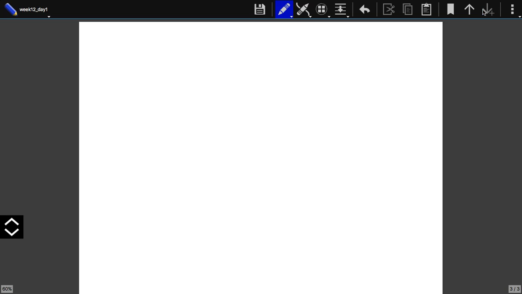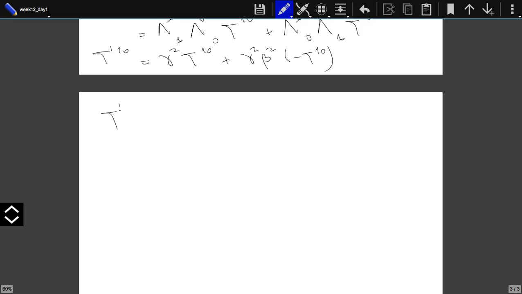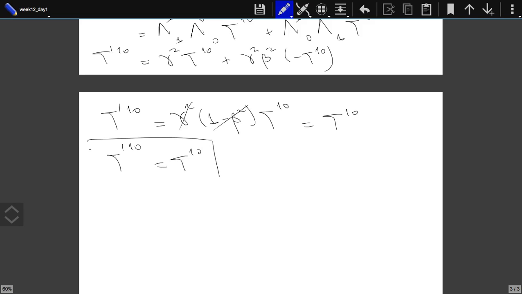So the T prime 1, 0 entry under a Lorentz transformation becomes gamma squared times 1 minus beta squared, times T1, 0. But gamma squared is nothing but 1 over 1 minus beta squared, so they just cancel each other. So nice, the 1, 0 entry of this symmetric matrix does not change if I go from a reference frame to a different reference frame which is moving in the x direction.